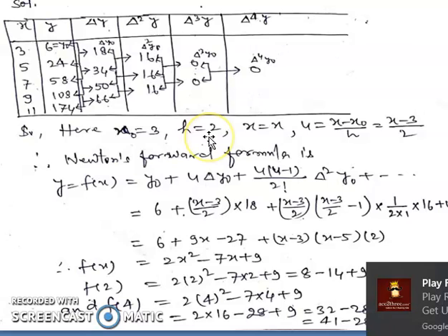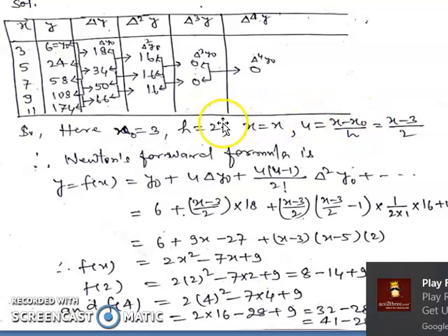This is h, the interval. We find the interval as the difference between the values of x. Here the differences are equal, so that's why Newton's forward method is for equal interval problems. So u equals x minus x0 divided by h.